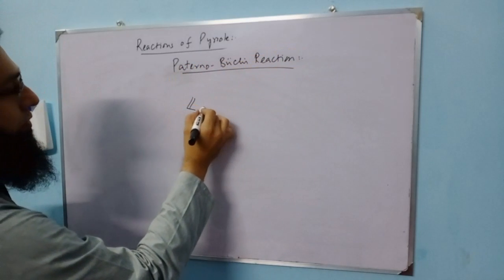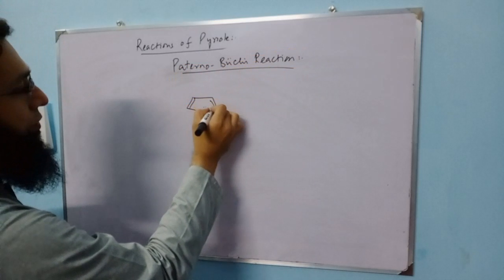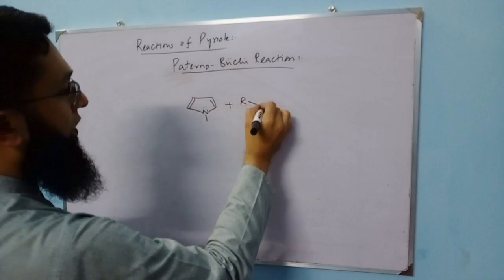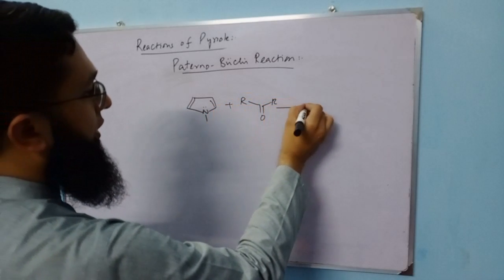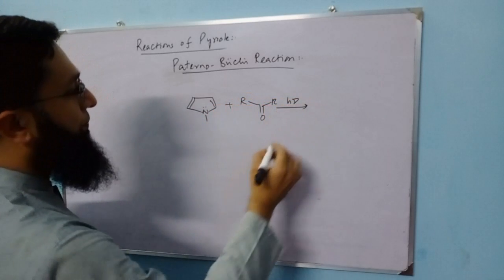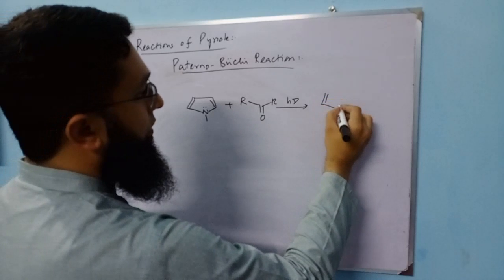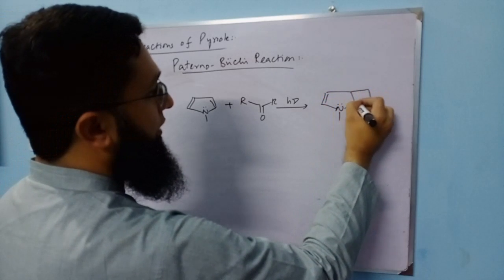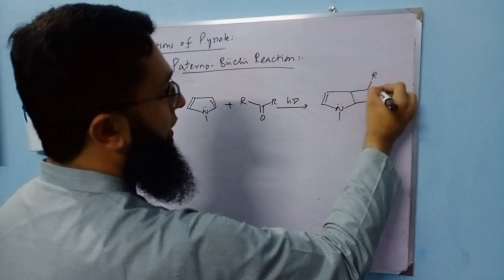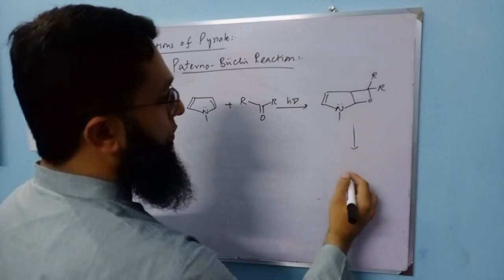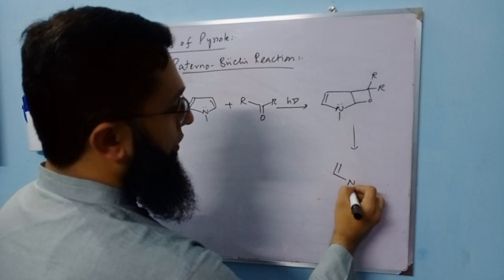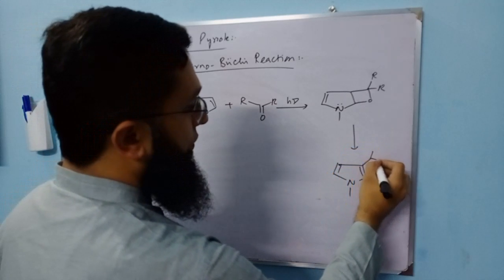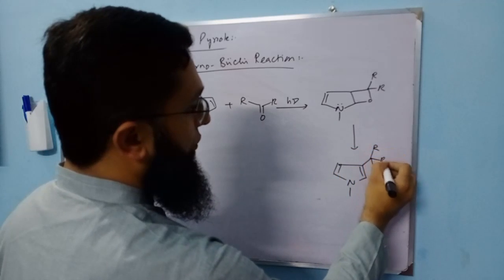And in this case, N-methyl pyrrole can react with ketones in the presence of sunlight, and we get oxetanes as product, and this can isomerize to give this product.